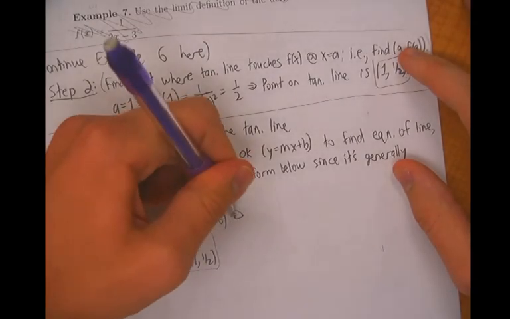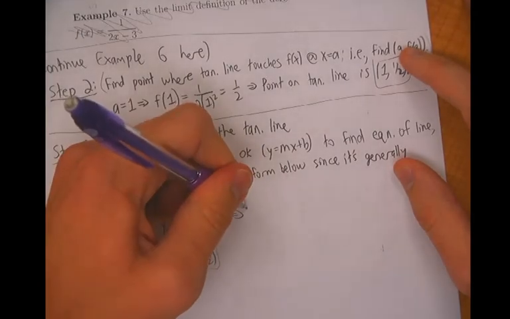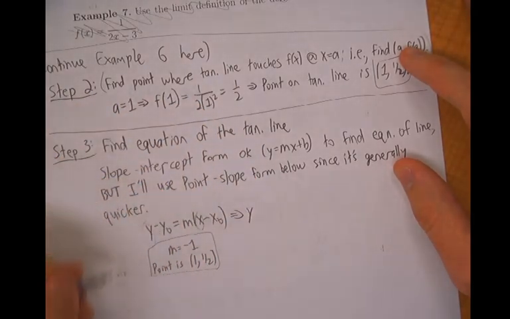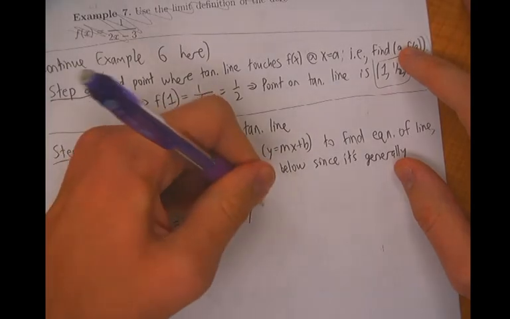So we have y minus y naught. So in this case, x and y are just variables. So we have y minus y naught. So the corresponding y coordinate will be 1/2.